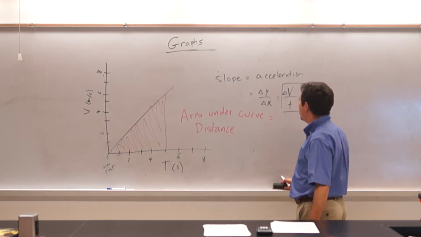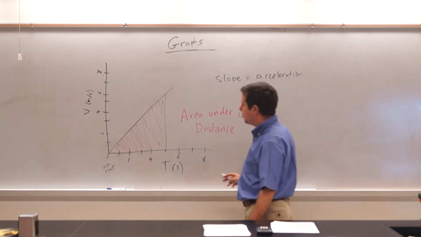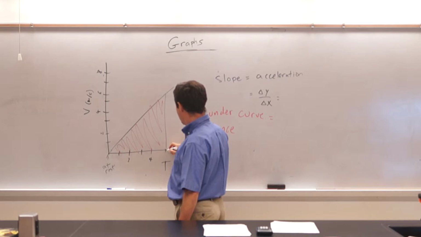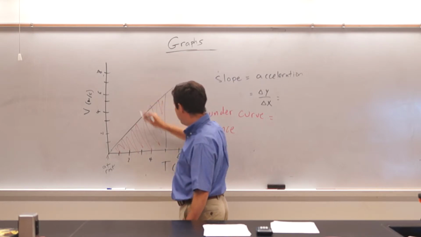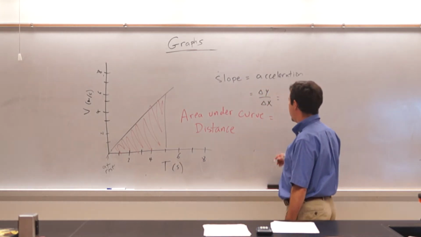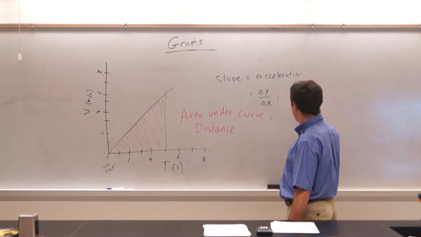So the slope is equal to the acceleration. Let's just pick a period of time, about 5 seconds. You've gone from 0 to 6 meters per second. So the change in y would be 6 meters per second, and the time is 5 seconds.